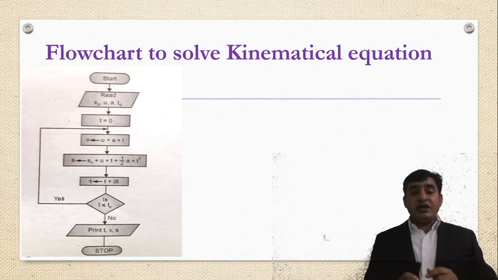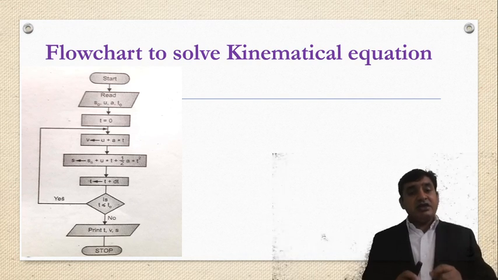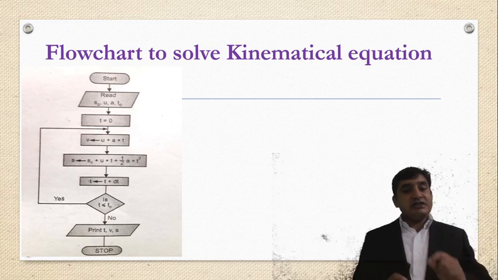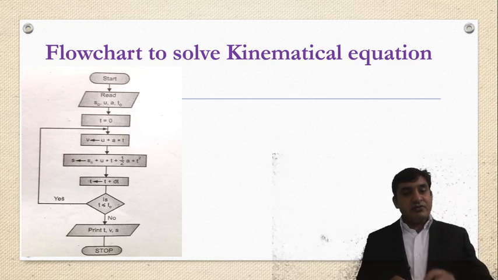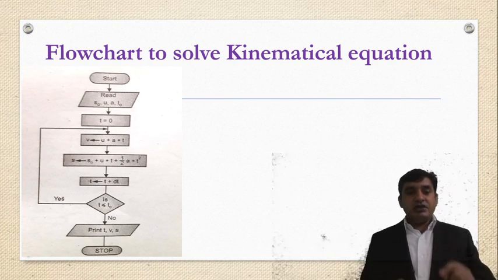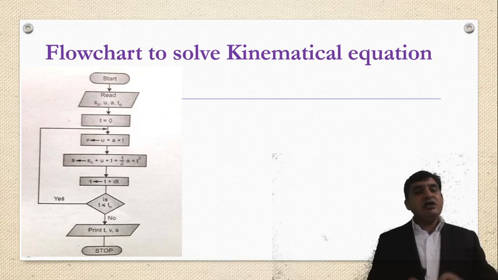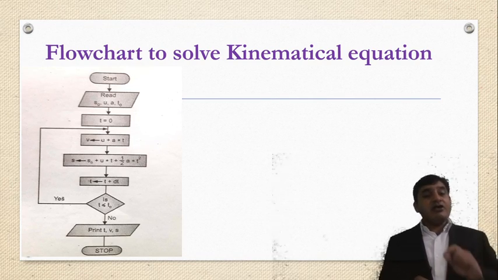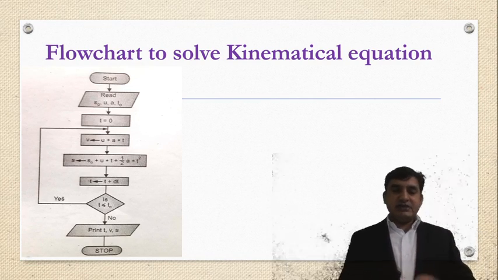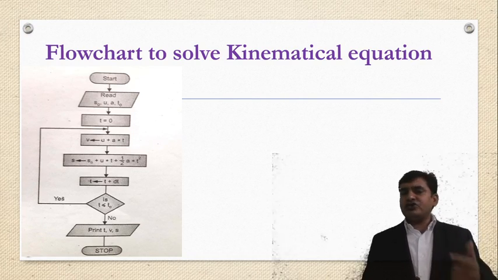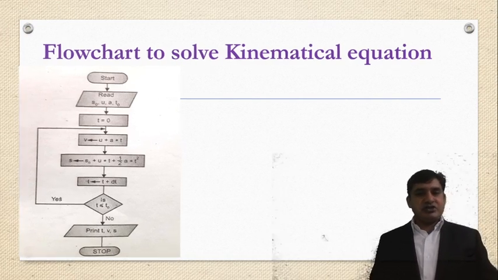Okay, when t is greater than t0, that is final time, then print time t, final velocity v, and displacement s or final position s, then stop. So this is a flowchart to solve kinematical equation.